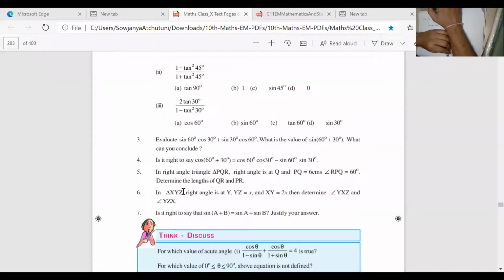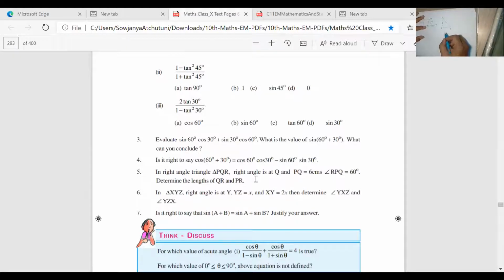So let us see this triangle. In the right angle triangle PQR, right angle at Q, PQ is 6 centimeters and angle RPQ is 60. Determine the lengths of QR and PR.